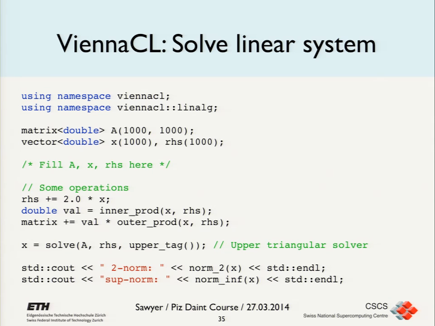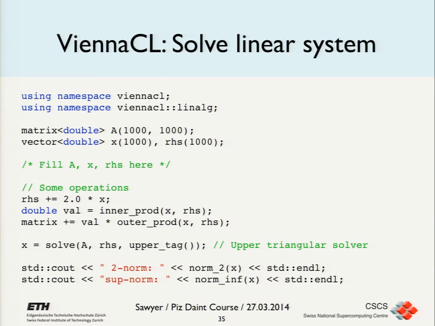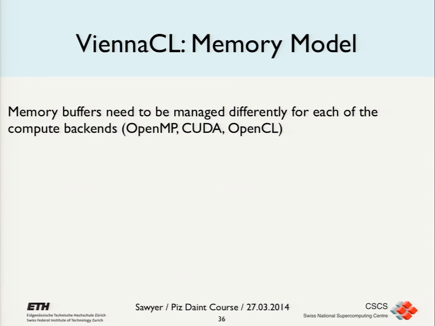And there's a solve, essentially an extension or the same functionality as Boost. No. It has its own backend. Okay. Then they've added a memory model, which essentially abstracts memory to whatever is available. You have those three backends.